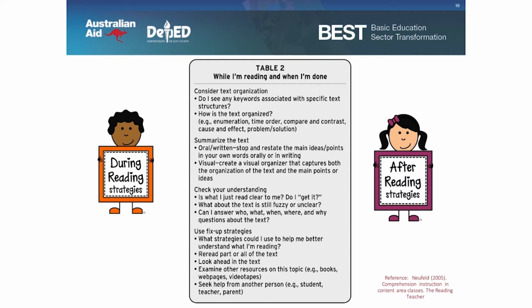Number two, summarize the text. As they read, you might want to put stops or chunks between the long text and then start asking, okay, so far, based on what we have read so far, can you tell me what the general or the main idea is? Check your understanding.